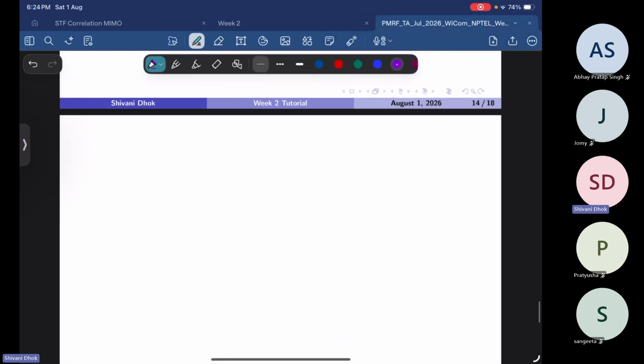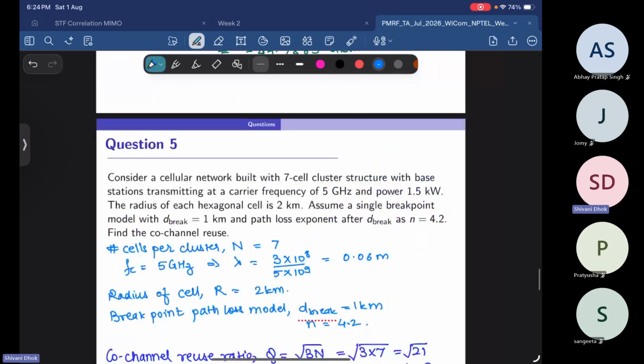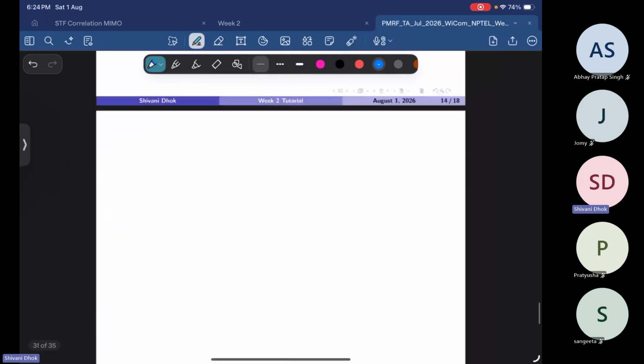So what is PRX of 0? If you go back to your previous question, that is question number 5, we are given that we need to use the breakpoint path loss model.